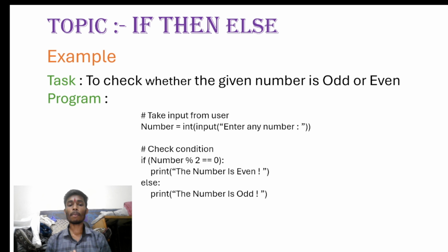Then there is the step of checking the condition. Here if is the word used for checking the condition, and the condition is number modulus 2 equals 0. Whenever the number entered by the user is divisible by 2 and gives the remainder 0, it prints the first statement, that the number is even. And whenever the condition is false, it prints that the number is odd on the screen.